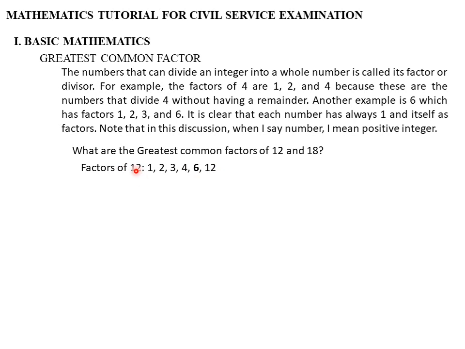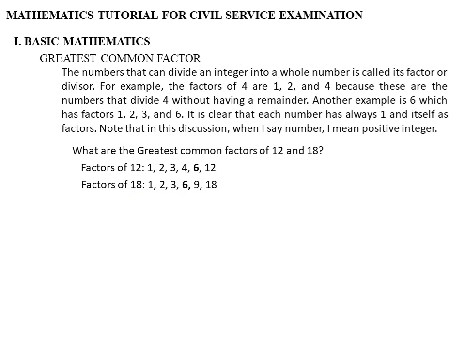Okay, if you divide this number by each factor, we will get a whole number. That is what we call the factor. So let's list down the factors of 18. Factors of 18 are 1, 2, 3, 6, 9, and 18. 18 divided by 2 is 9, 18 divided by 3 is 6, 18 divided by 6 is 3, 18 divided by 9 is 2, and 18 divided by 18 is 1.